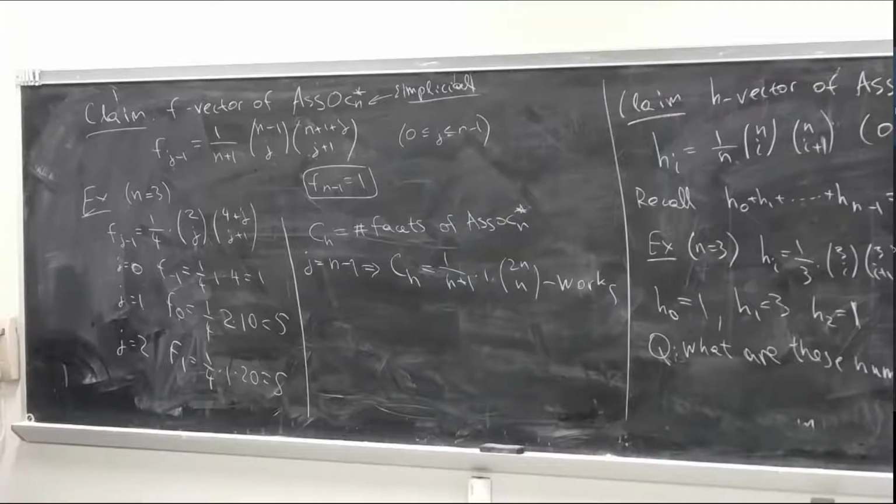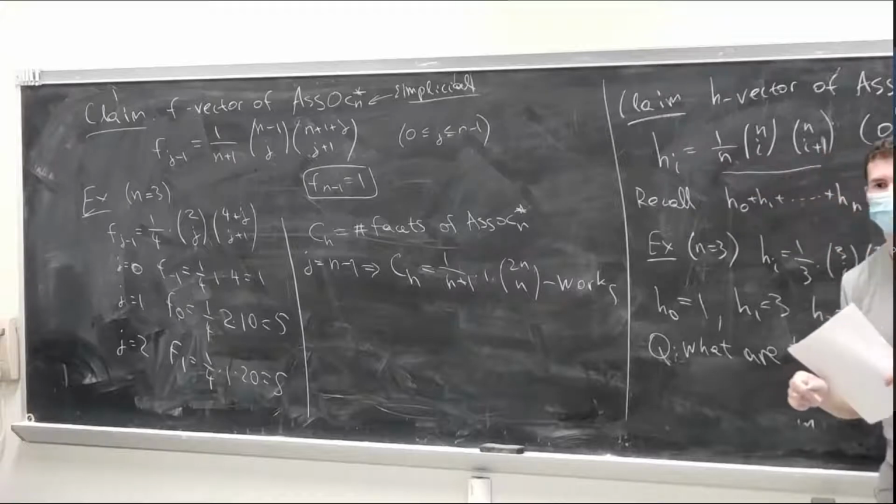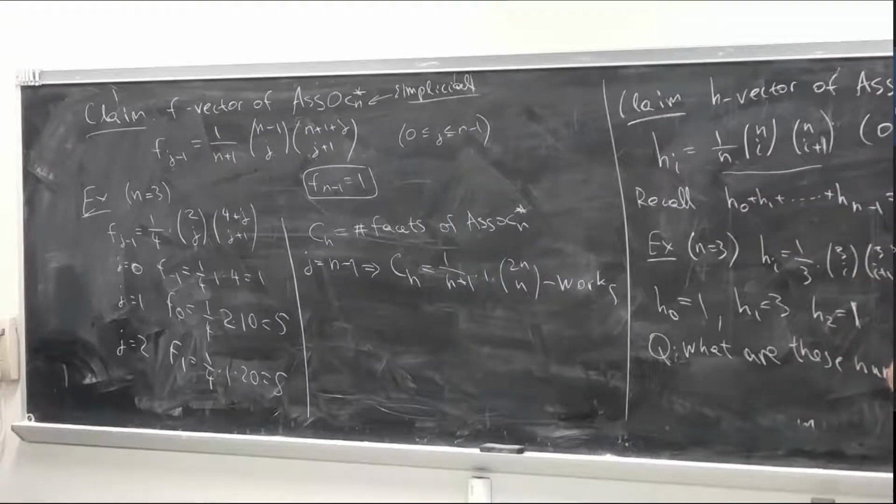Of course, I showed it to you for n equals 3, but it works for arbitrary n. If you actually compute the number of such Dyck paths, you're going to see this formula. The number of peaks here is going to be 1, 2, 2, 2, 3. And here's a nice combinatorial problem for you.